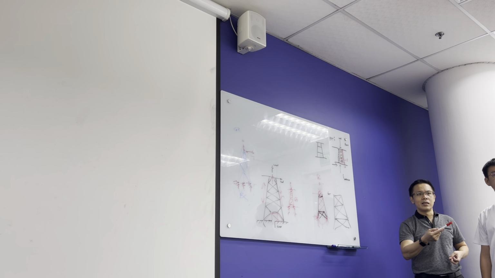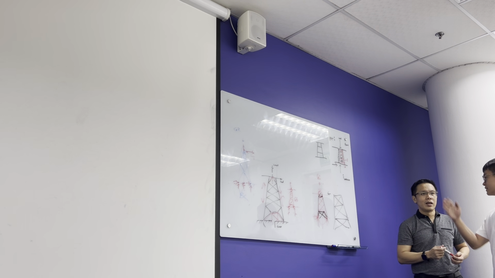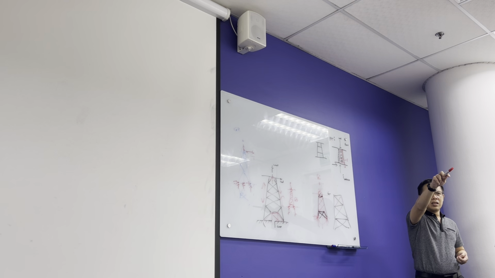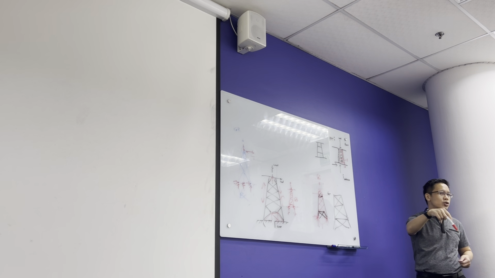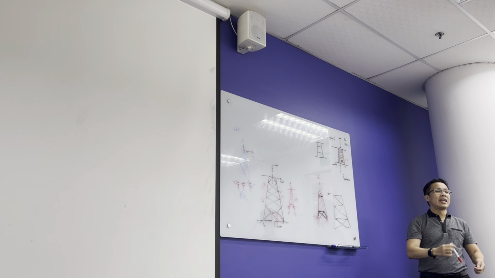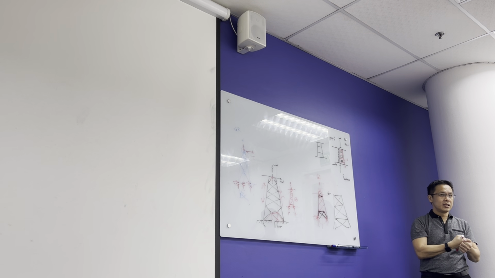Pin joint, exactly. What about pin joint? The beam doesn't have a pin joint. So what do you mean by it doesn't have a pin joint? It means that it can take rotational stiffness. Right? It has a bending stiffness.